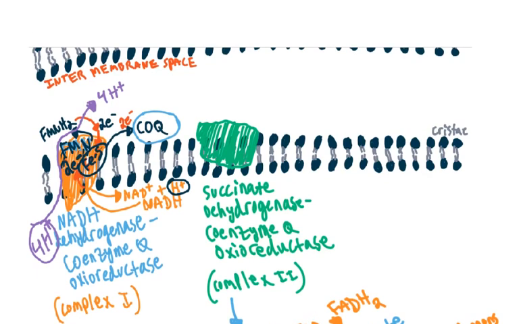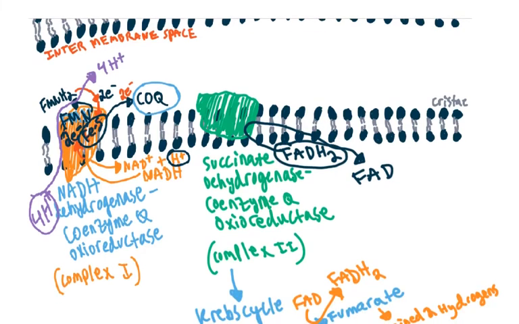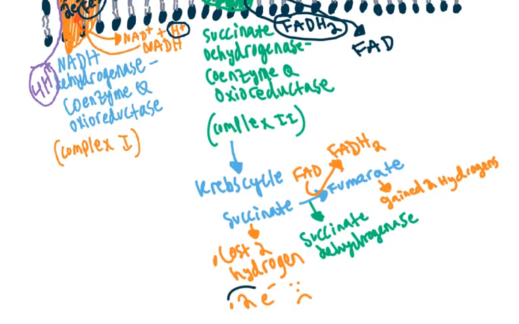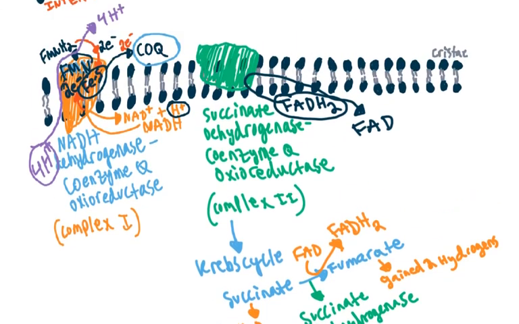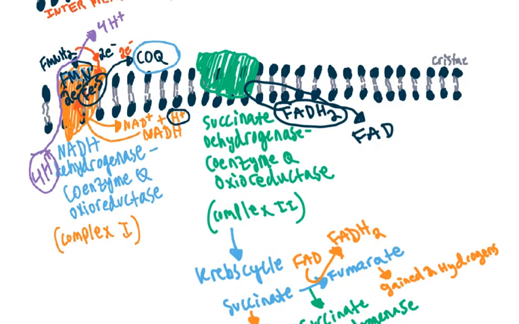So over here, FADH2 is converted to FAD, and when we do that, FADH2 gets oxidized. Sorry for how I worded that, but when FADH2 gets oxidized, it loses two electrons, because that's what an oxidation reaction means: something gets oxidized, you lose electrons.